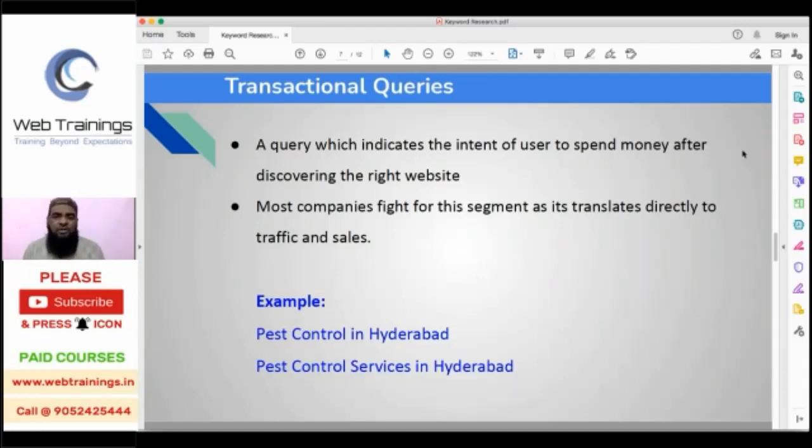So the idea of transactional queries is when a customer is looking to buy a product, looking to buy a service, or ordering a service online, all those queries come under the concept of transactional queries. For example, for our pest control business, one of the transactional queries is pest control in Hyderabad. So think about it. If I type this query, am I really looking for pest control services?